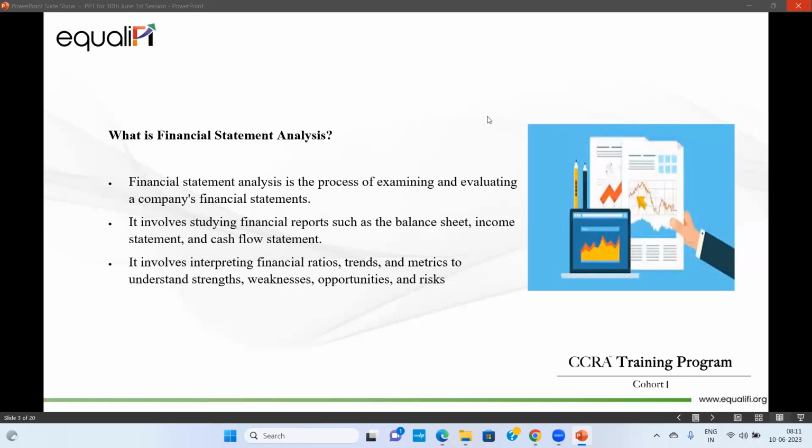Now, coming to ratios, ratios show overall financial health. We are going to discuss ratios in the next session today only. There are different types of ratios which talk about your company's overall financial health, be it in terms of debt repayment, operating efficiency, and so on.